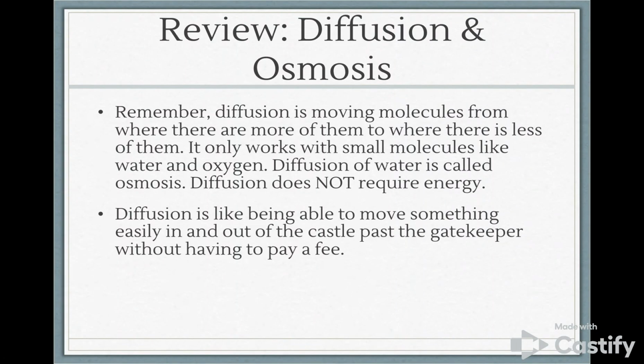Another analogy is a castle. If you are in a castle and you need to move something into or out of that castle, the castle would be your cell. If I move something freely back and forth, it's like diffusion or osmosis. I can move something easily in and out of the castle right past the gatekeeper. I don't have to pay a fee. He just lets me go in and out. Okay?